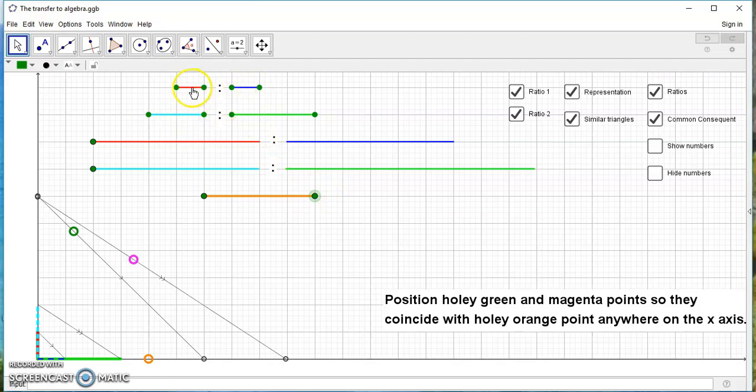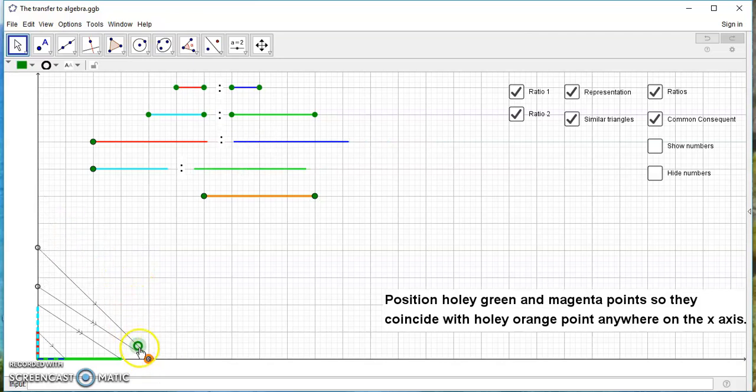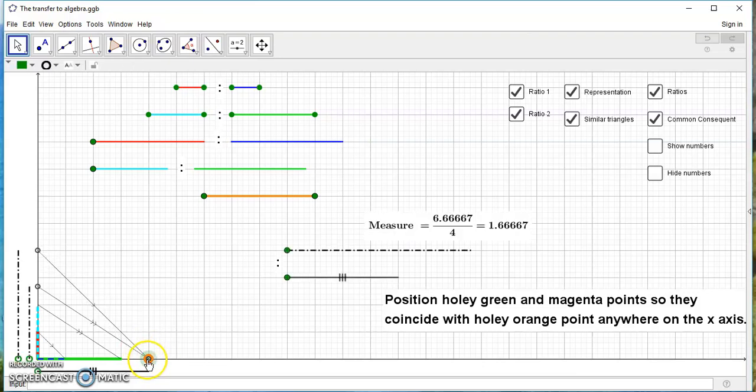What you're seeing in front of you now is that this first row is translated by positioning these green and magenta dots on the orange one. Now this ratio has been transferred to this ratio with this consequent.